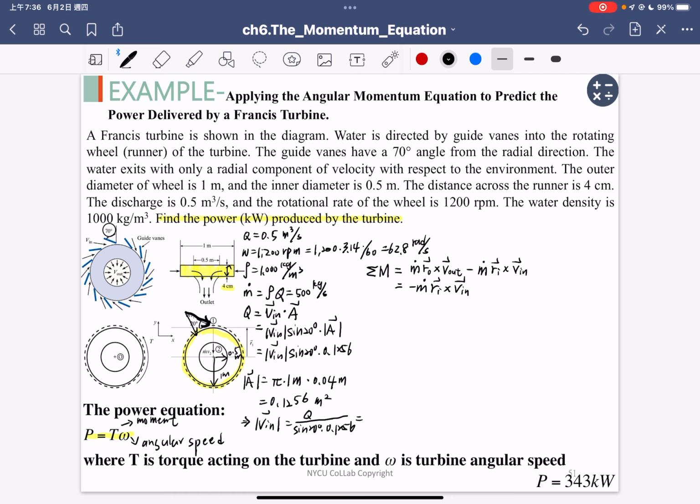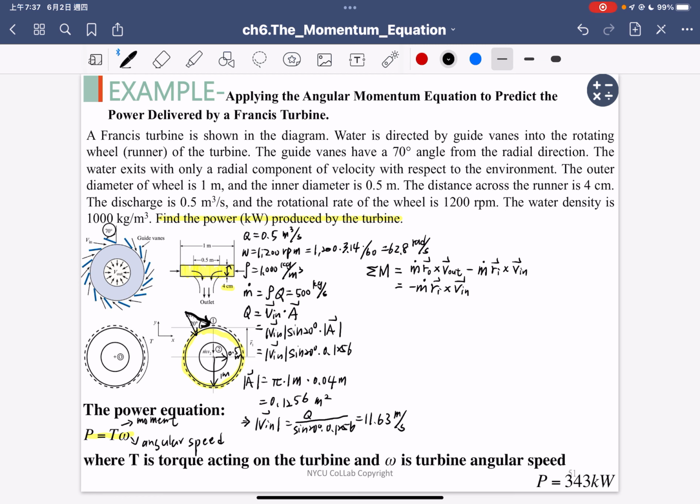In that case we can calculate how large the velocity in is. The discharge is 0.5 divided by the cross-section area, divided by sine 20. That equals 11.63, and this is the velocity in meter per second.